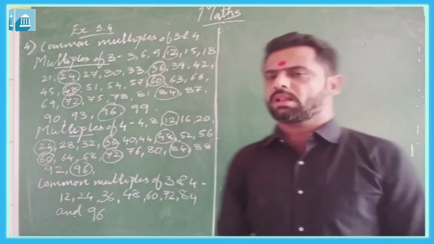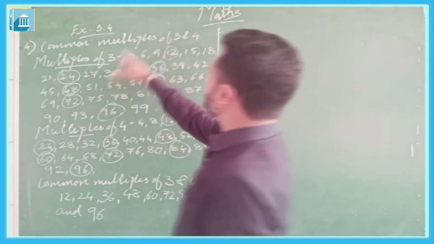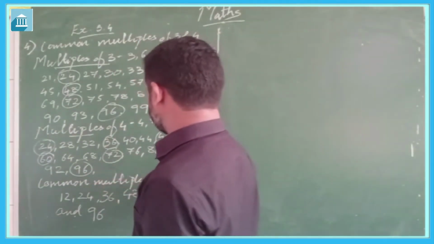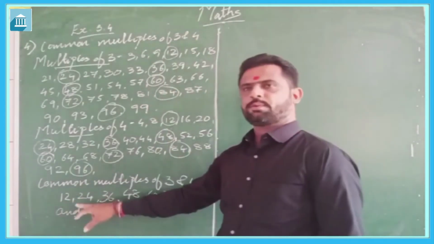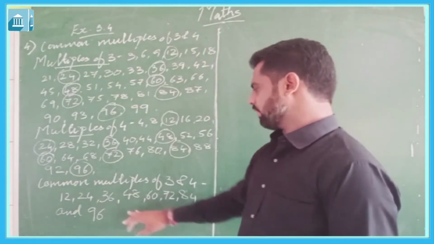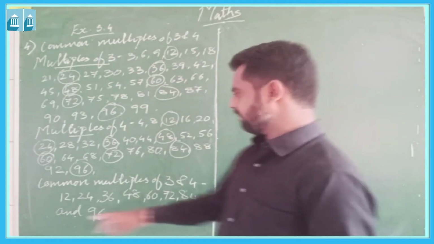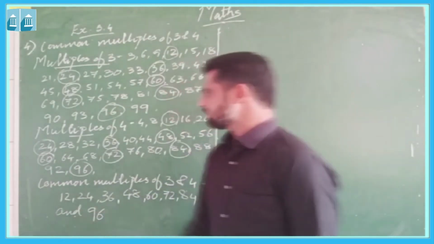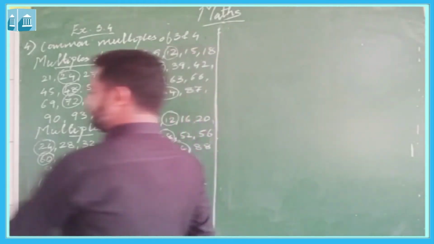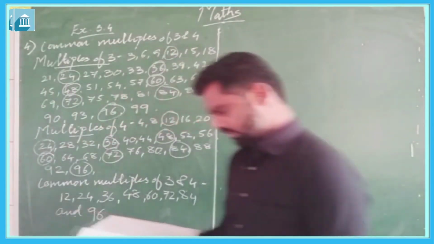So the common multiples of 3 and 4 less than 100 are 12, 24, 36, 48, 60, 72, 84 and 96. Let us see question number 5.